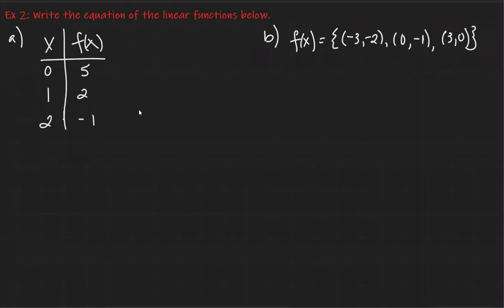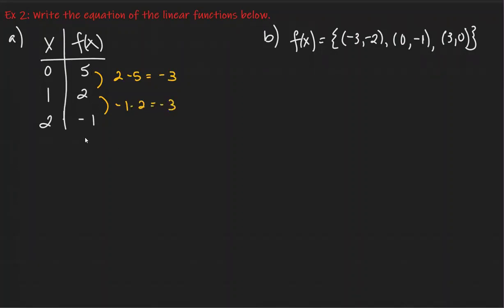If you remember from the example we just did, a linear function has the same difference every single time, and we found that difference by subtracting all the consecutive numbers. So if I do 2 minus 5, I get negative 3. And if I do negative 1 minus 2, I get negative 3.